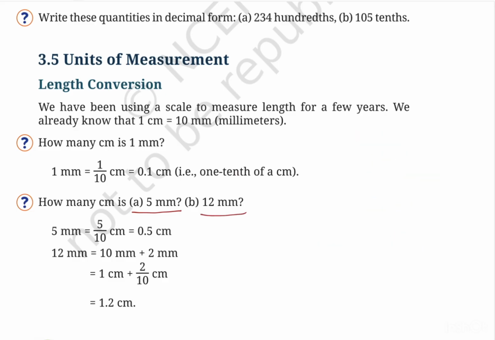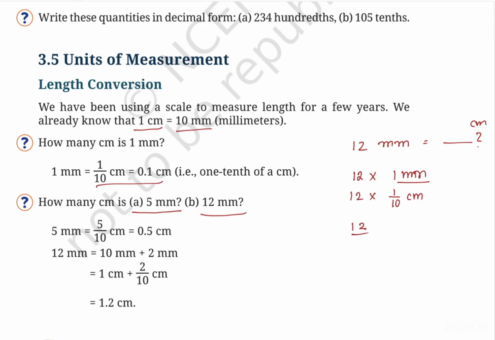Next we have the problem 12 millimeters. So we have to convert 12 millimeters into centimeters. So 12 millimeter is equal to 12 times 1 millimeter, and we can write 1 millimeter as 1 by 10 centimeter.